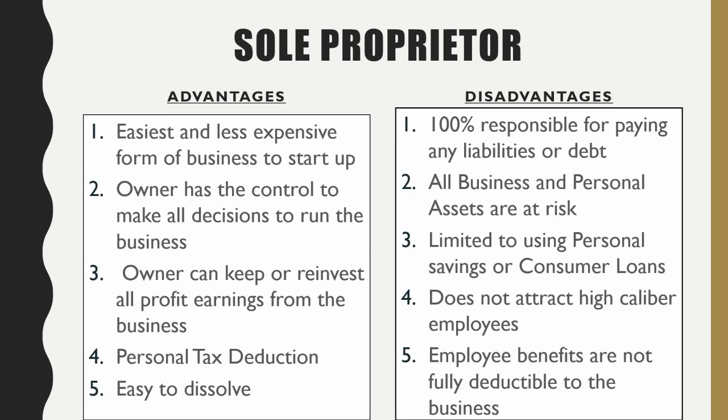Okay? And then number 4, doesn't attract high caliber employees, especially when we talk about a small proprietor, a small business, right? If you choose to have employees, you might not be able to provide for them, okay? When we say provide, we're talking about pay into their benefits, pay into their social security, paying into their Medicare, right?